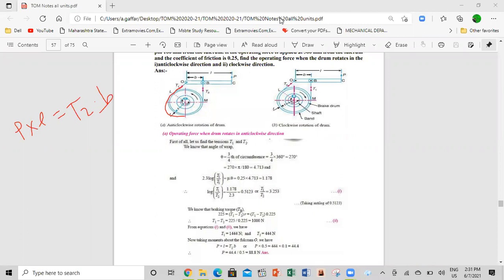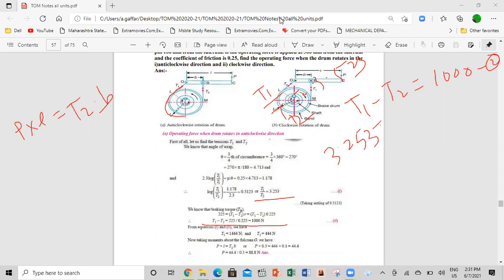In equation 2, we have T1 minus T2 is equal to 1000 Newton. What is equation 1? In equation 1, we have the ratio T1 upon T2 is equal to 3.253. From this, we can put the value of T1 in equation 2. So T1 is equal to 3.253 T2, minus T2 is equal to 1000.